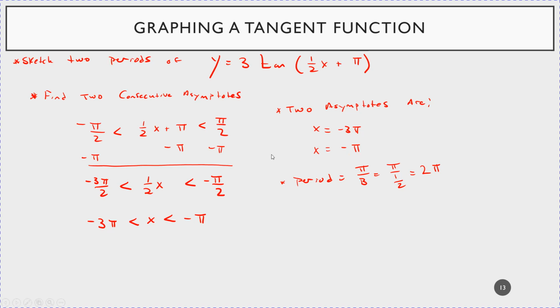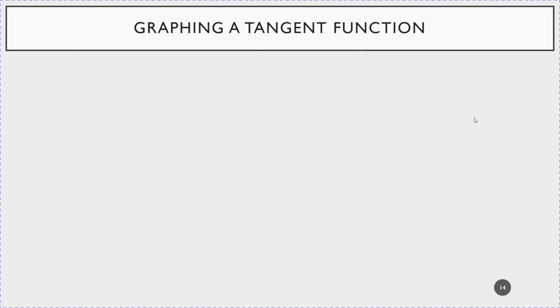All right, let's sketch it. Let's sketch 2 periods of this. So we're going to go from negative 3 pi to negative pi as our first 2 asymptotes. So we're sketching 2 periods of y is equal to 3 times tangent of 1/2 x plus pi.